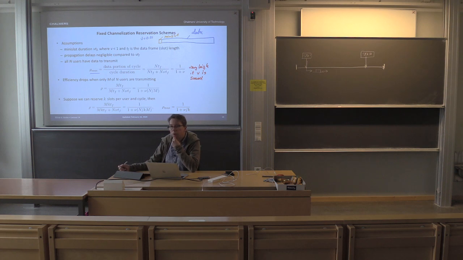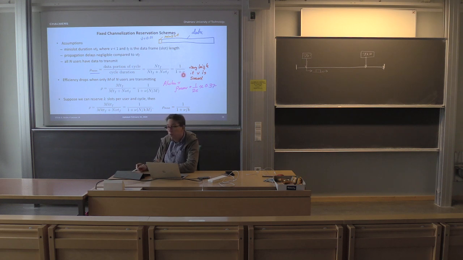Do you remember what the maximum rho is for unslotted ALOHA? Remember? 1 over 2e, or 0.37, right?